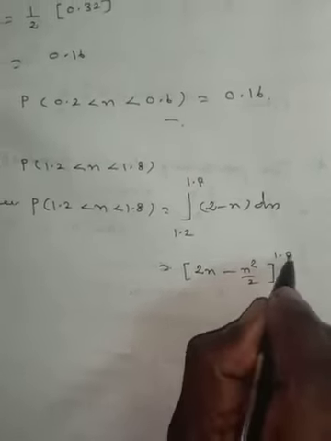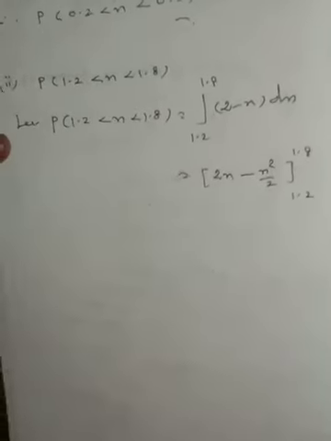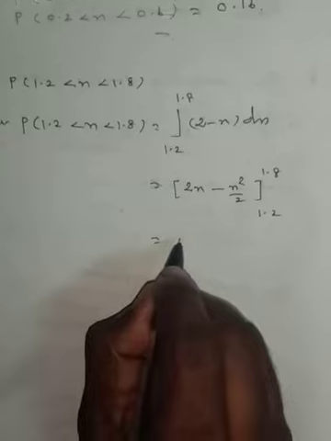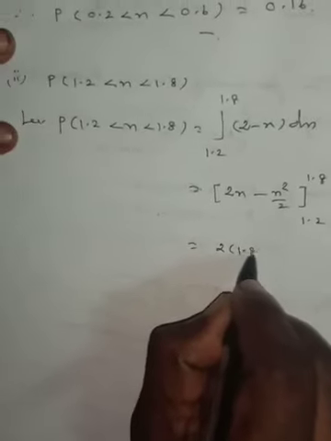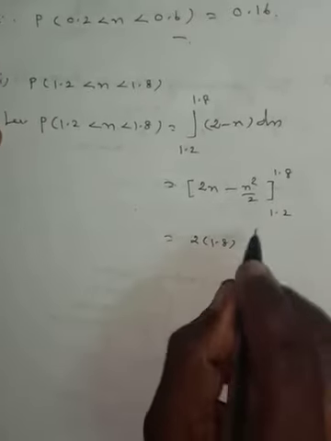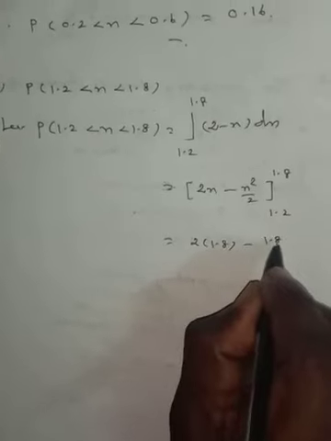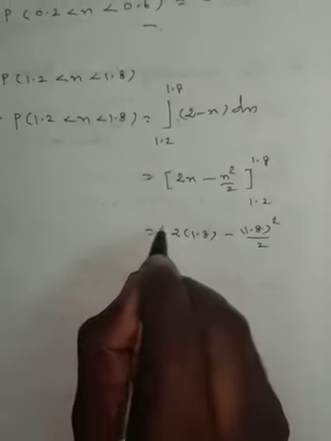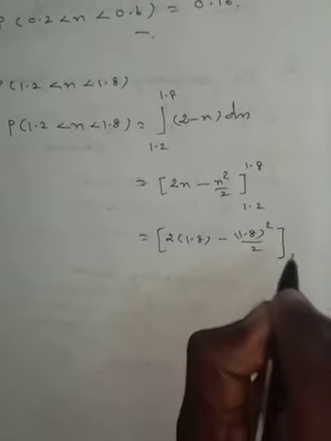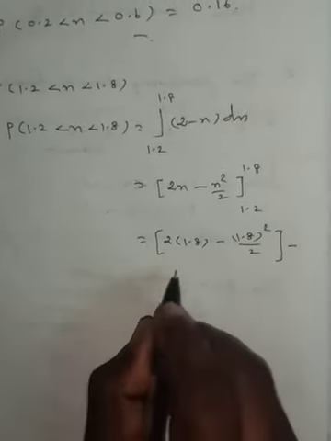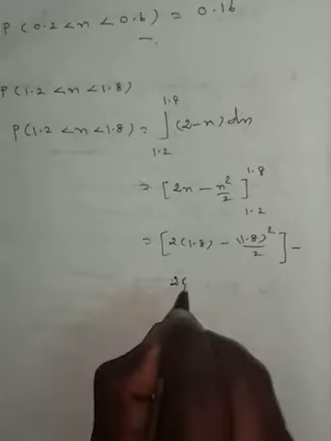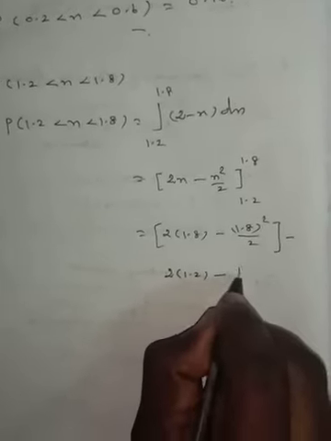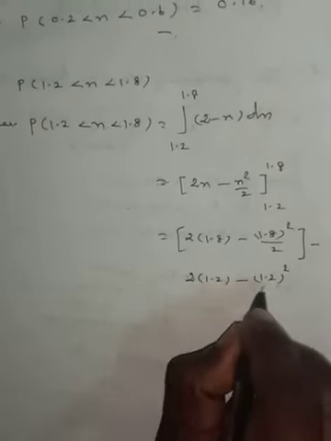Now apply the upper limit: 2 into 1.8 minus 1.8 whole squared divided by 2. Then the lower limit: minus 2 into 1.2 minus 1.2 whole squared divided by 2.